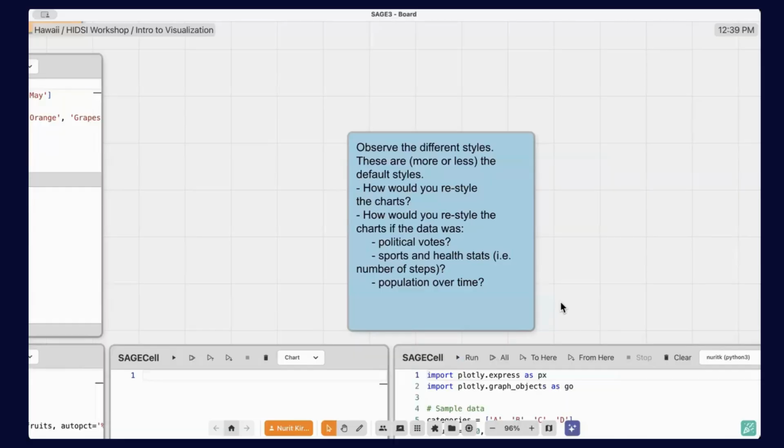Let's say you had some sports and health stats. What potential thoughts would go into your mind when you're trying to style that visualization? So let's say you have a specific goal, right?